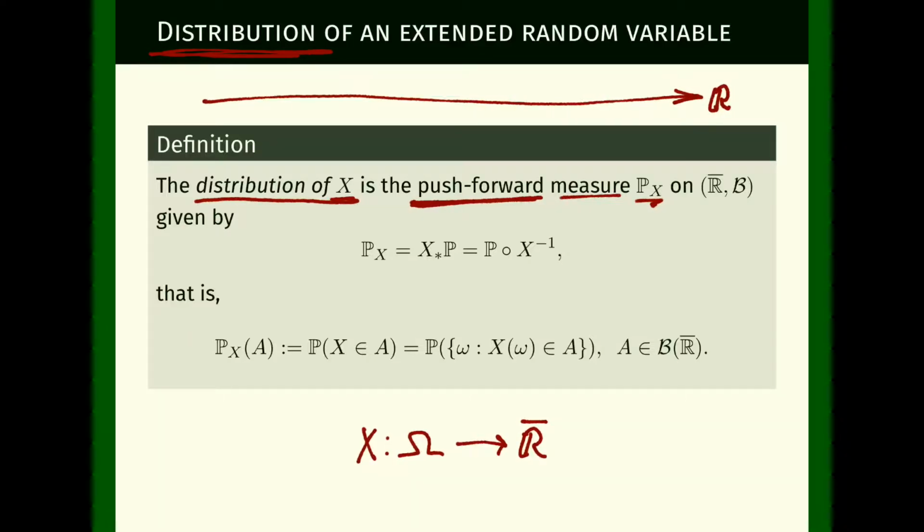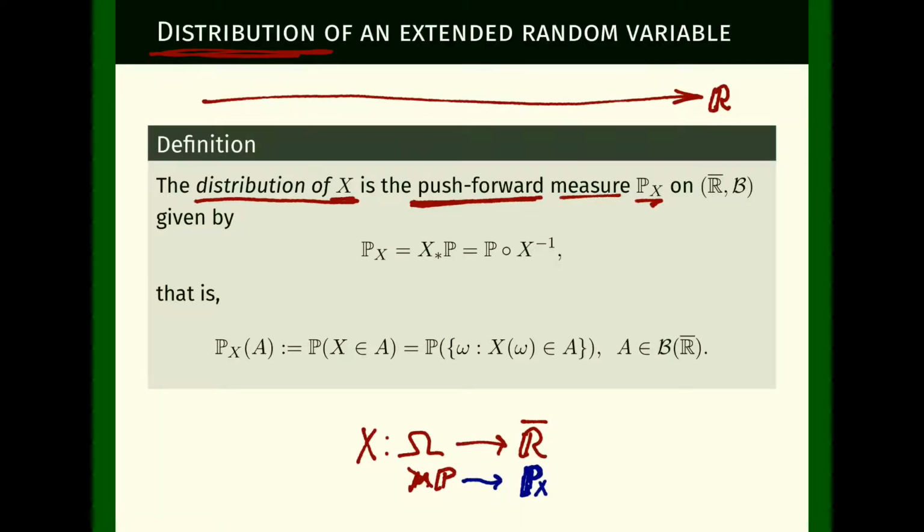So we know that when we have a map and we have a measure, and let's use P for the measure, this induces a new measure here, which we denote P_X. That is the distribution of X. So it's a probability measure on the extended real line, which we denote P_X.